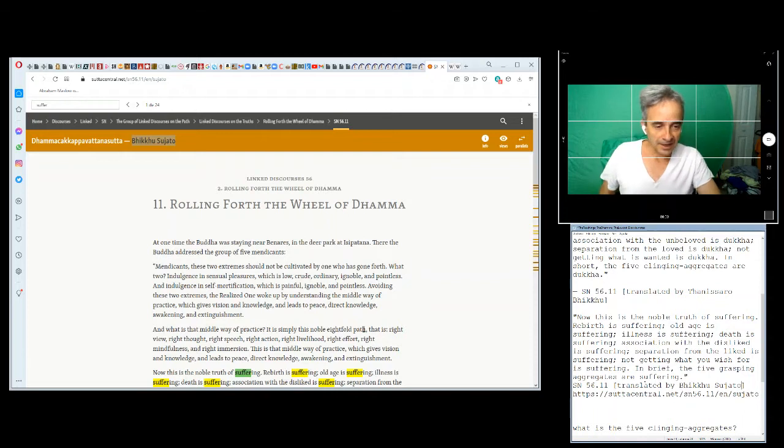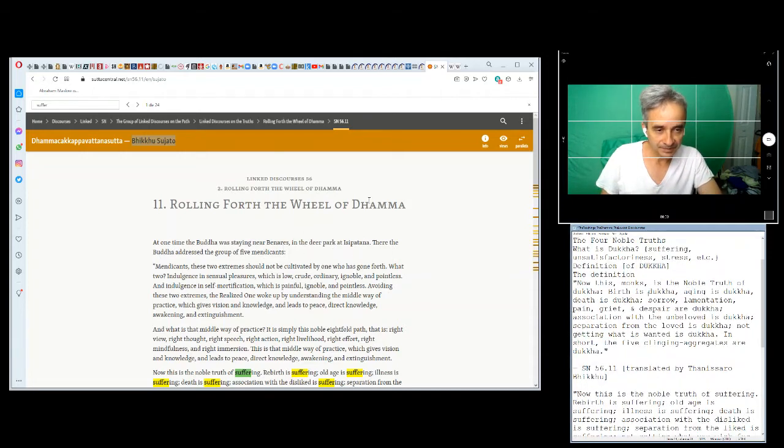So this one is hiding the concept of rebirth. I'm assuming though that the original has the word rebirth in it.